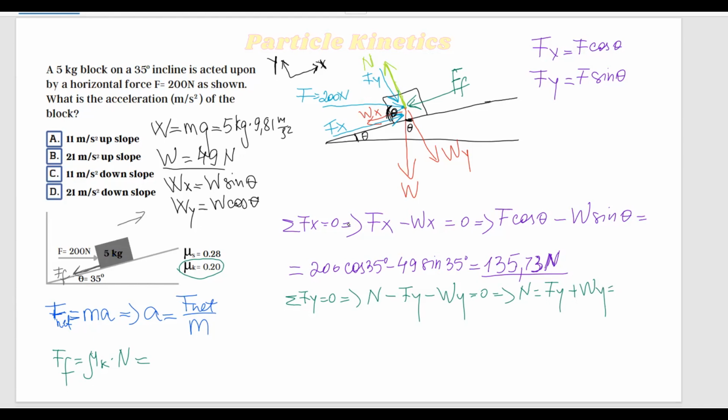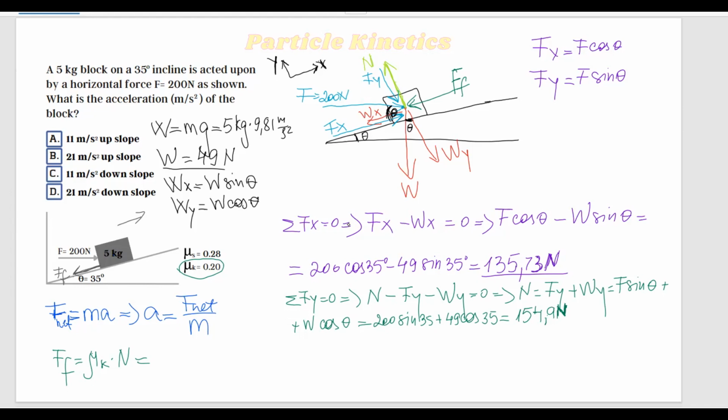Fy is F sine theta plus Wy is W cosine theta, equals 200 sine 35 plus 49 cosine 35. And this is going to give you a normal force of 154.9 newtons.